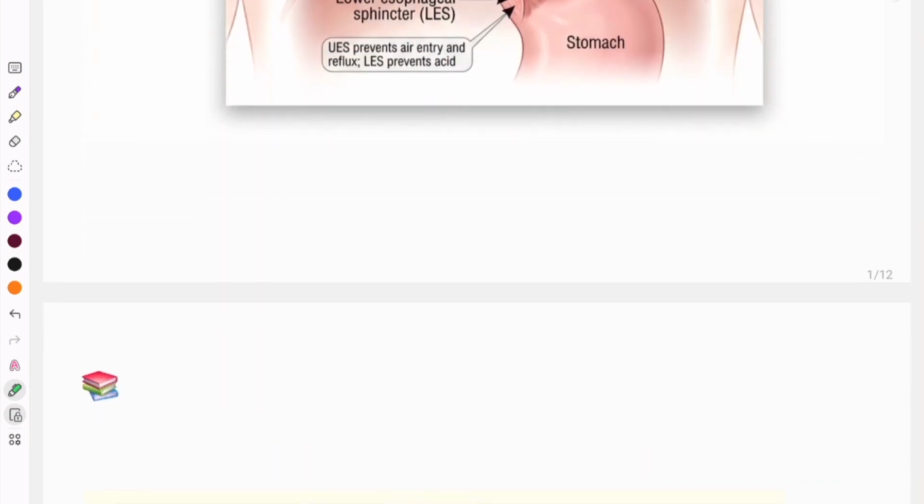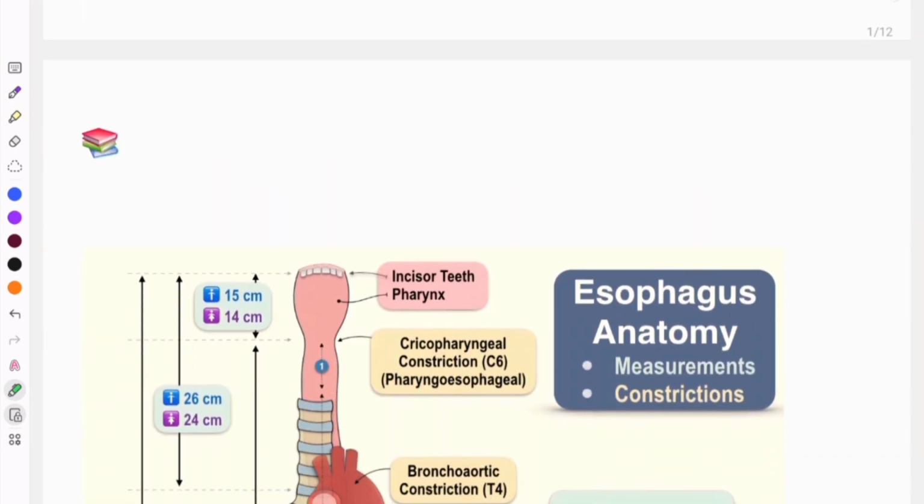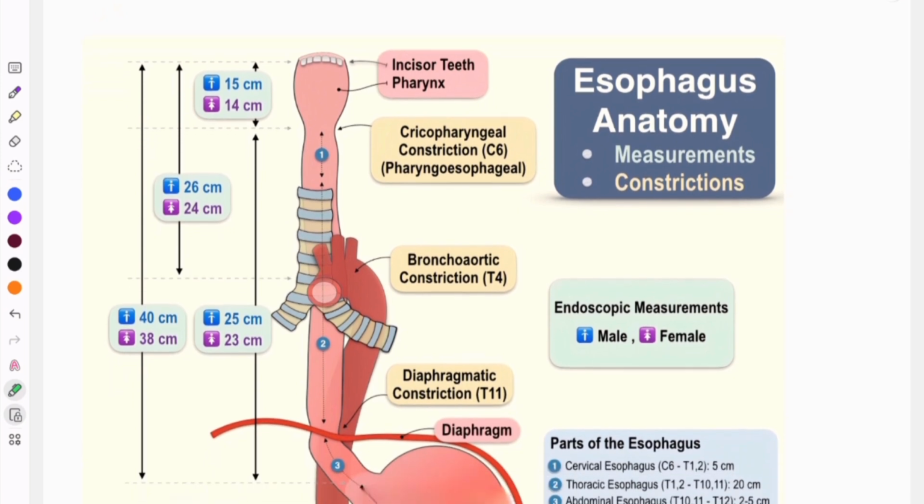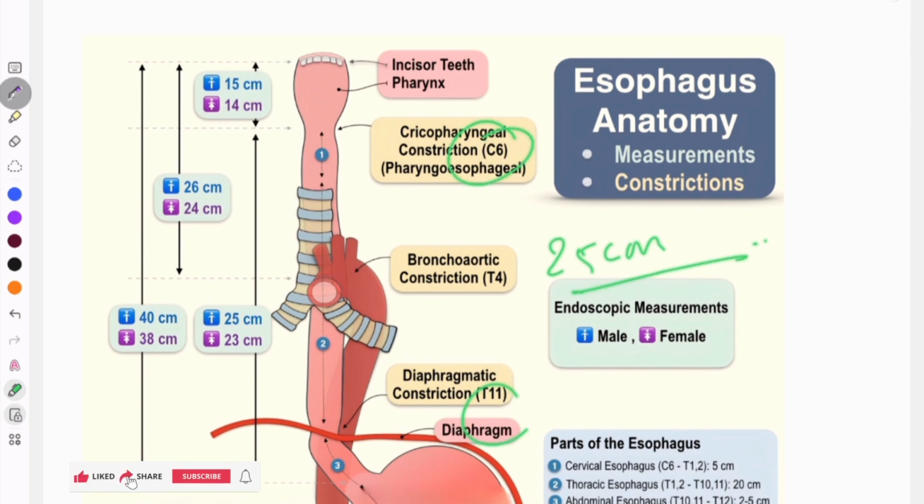Let's start with the basic anatomy. This extends from the upper incisor teeth till the diaphragm, which is up to 25 cm in length. It extends from C6 to T11.